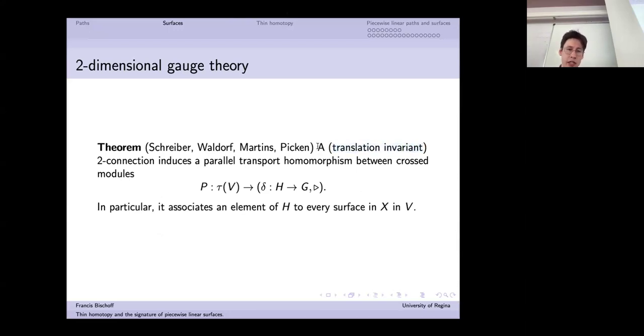If you have a translation invariant two-connection, then this induces a parallel transport homomorphism between crossed modules from this crossed module tau V of surfaces up to thin homotopy that I just introduced to this general crossed module of Lie groups. And in particular, it associates an element of this group H to every surface X in V.